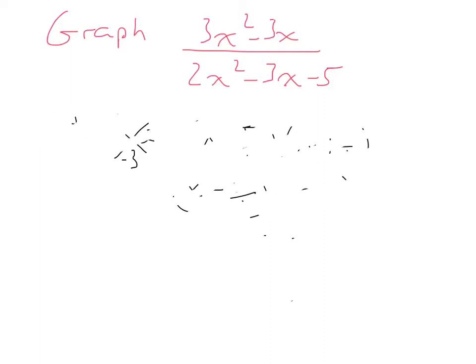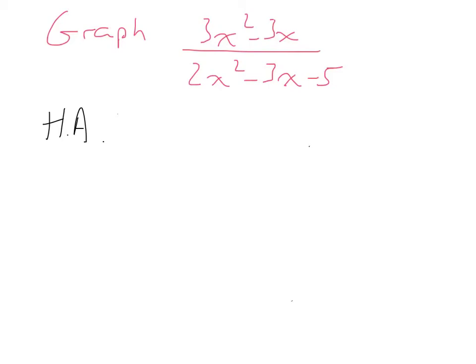To find the horizontal asymptotes, you have to use the rules, and that's something you guys should have memorized by now. Since the degree on the top is equal to the degree on the bottom, we just simply take the ratio of the leading coefficients. So my horizontal asymptote is 3 over 2, and that's equal to 1.5.